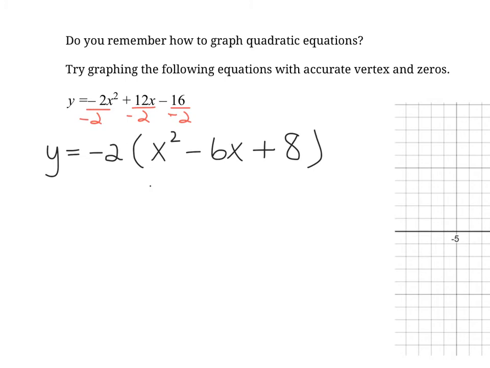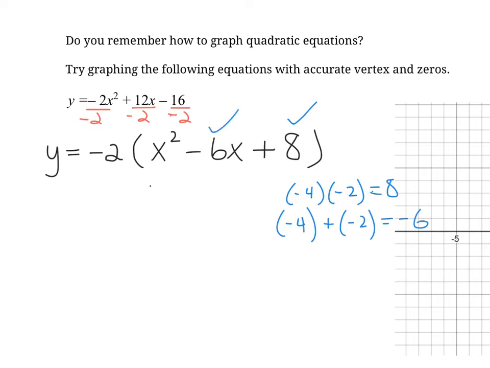So using a little mental math, I know that negative 4 multiplied by negative 2 will give me a positive 8, and that's our C value. And if I take negative 4 and add negative 2, that's going to give me negative 6, and that's our B value, or the middle number in our equation.